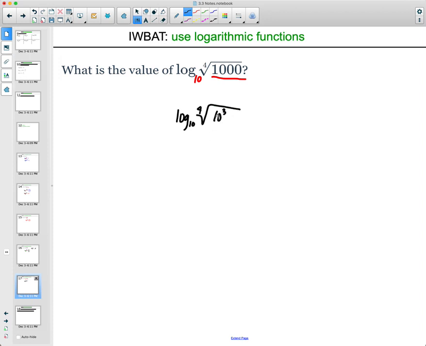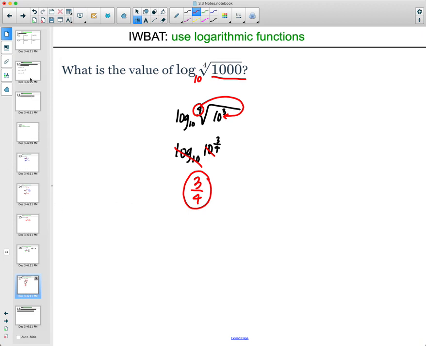Then you can use the radical rule to put it as a rational exponent. So we have log base 10 of 10 to the 3/4 power, moving this root underneath that exponent. And so then the base 10s would cancel and you'd get back 3/4 as your answer.